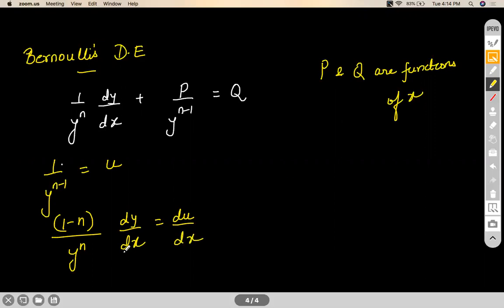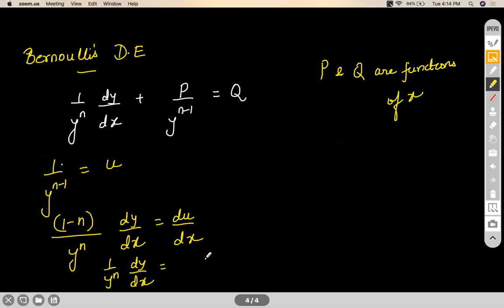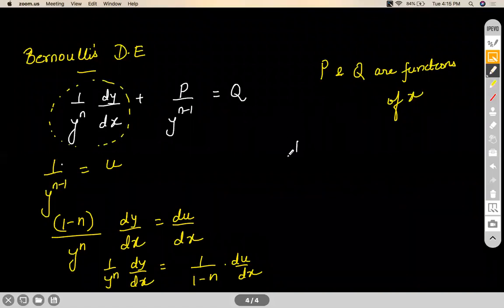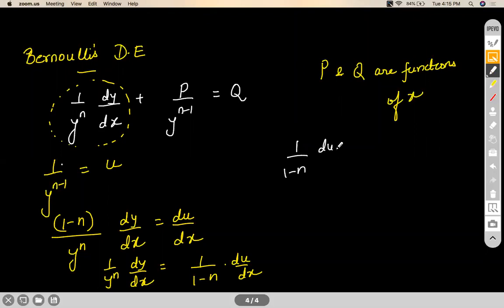So you can say 1 by y to the power n dy by dx can be written as 1 by 1 minus n du by dx. So this whole thing you can replace with 1 by 1 minus n du by dx. This will become pu equal to q.